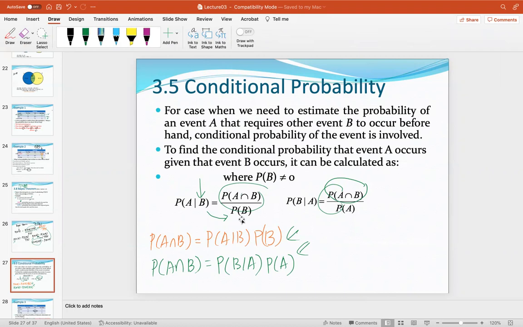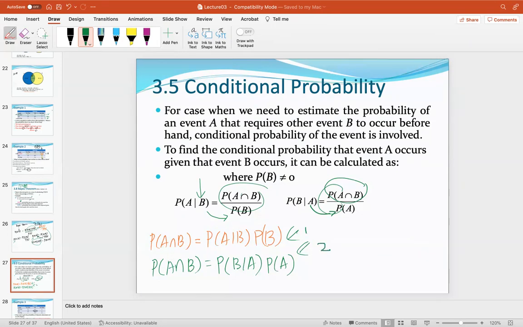So at the bottom is P(B), and at the top is P(A and B). For A first, then B, this is B first, then A. Because your A is first, you are using P(A) at the bottom, and P(A and B) at the top.